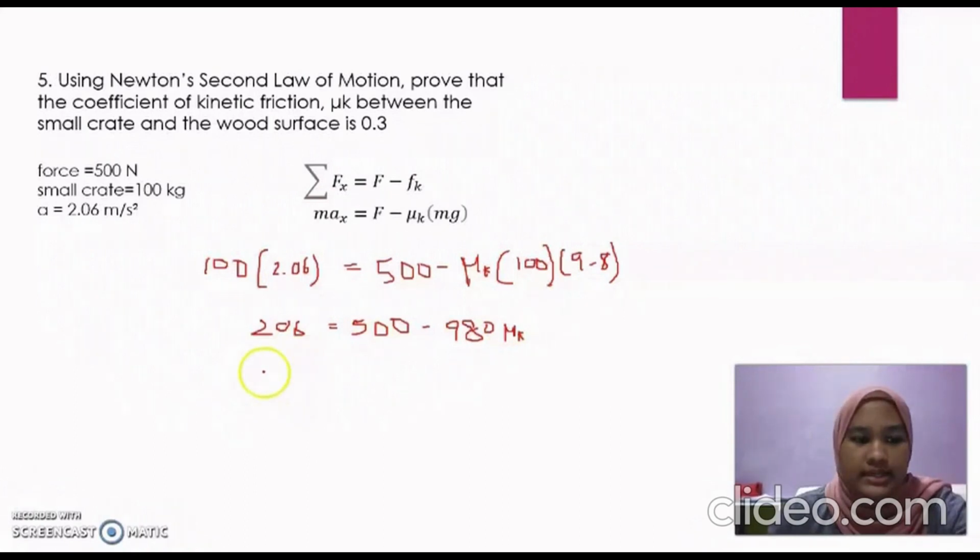Then we calculate, it becomes negative 294 equals negative 980 times the kinetic friction.